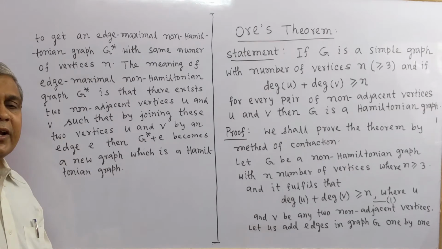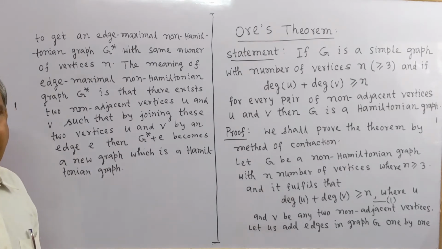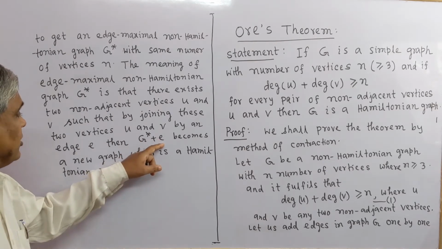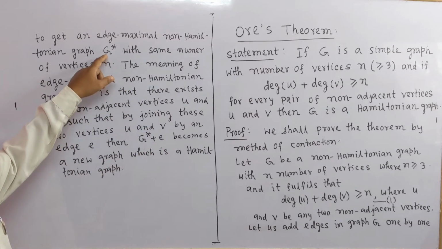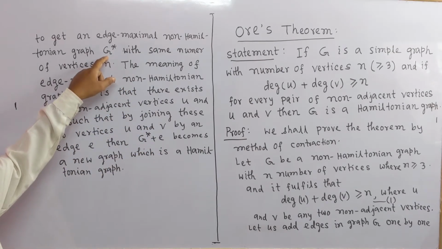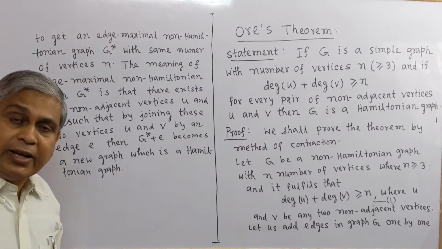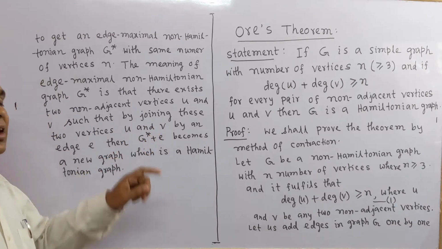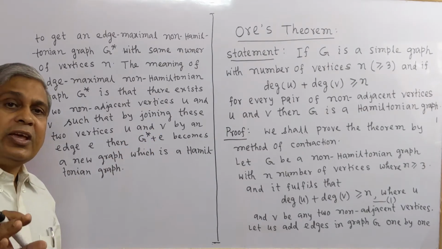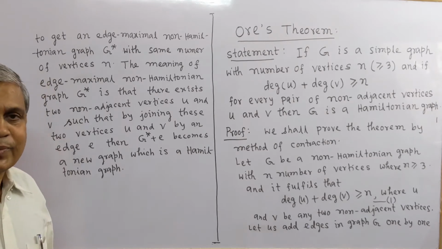This Hamiltonian graph will contain one more edge E than the number of edges in the graph G star. G star is a non-Hamiltonian graph and G star plus E is a Hamiltonian graph.